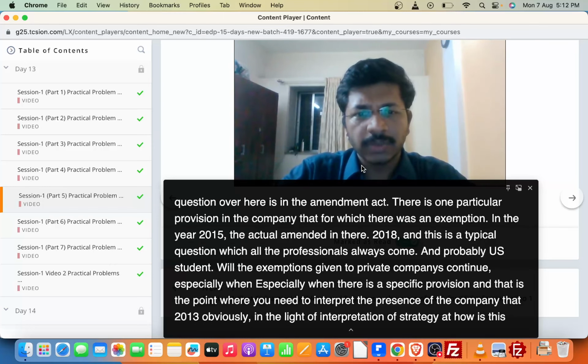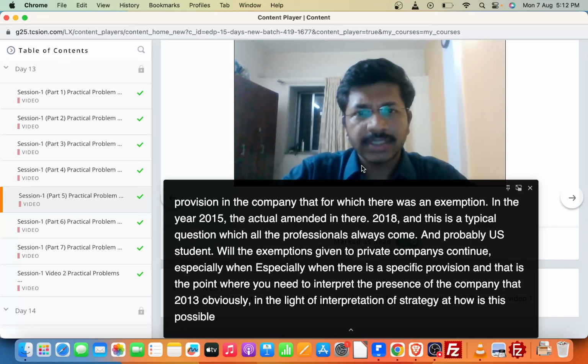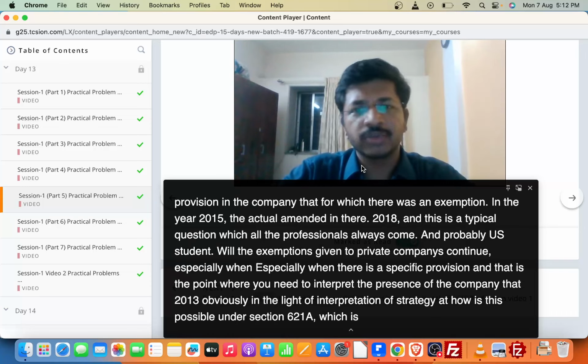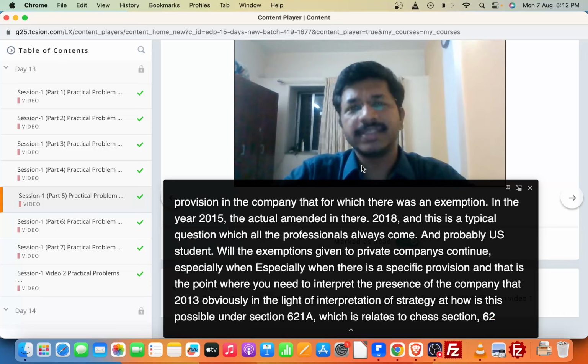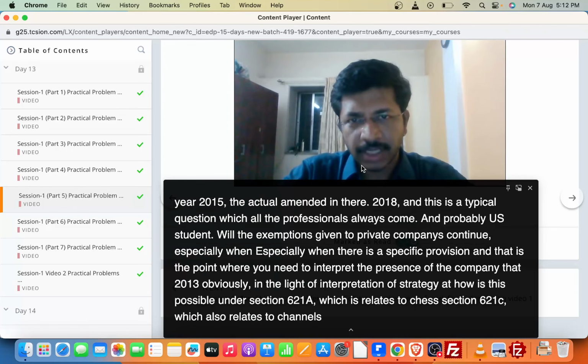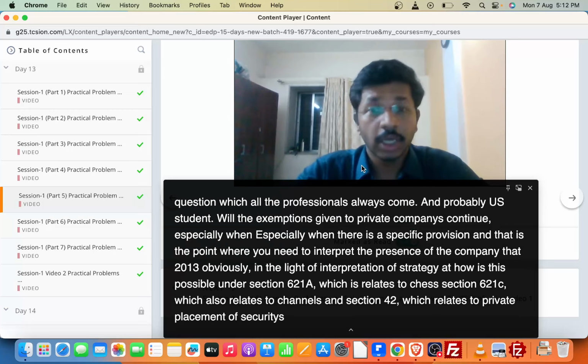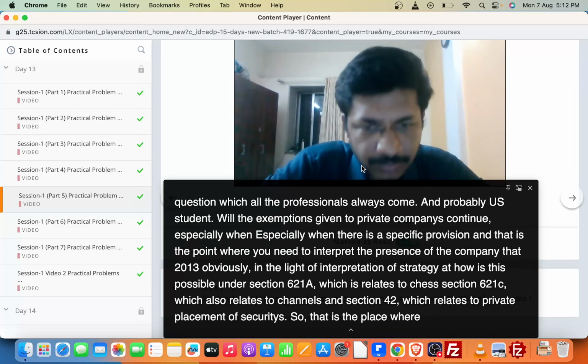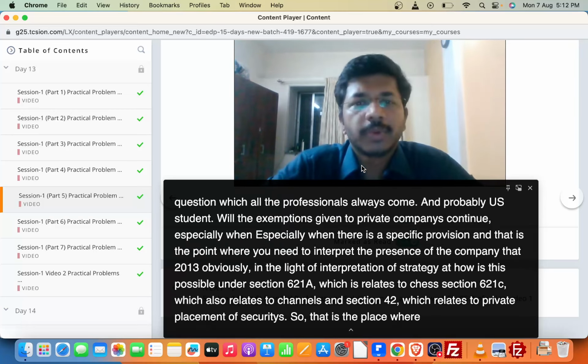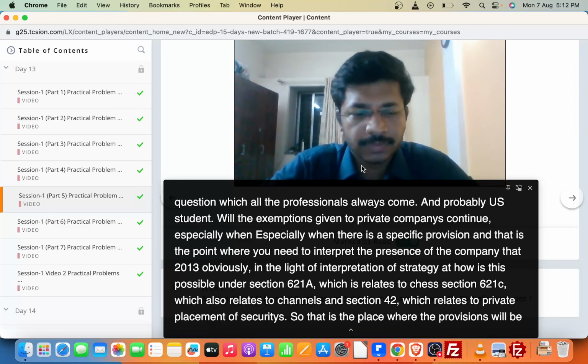How is this possible? Under section 62(1)(a), which relates to shares, section 62(1)(c), which also relates to shares, and section 42, which relates to private placement of securities. So that is the place where the provisions will be applicable.